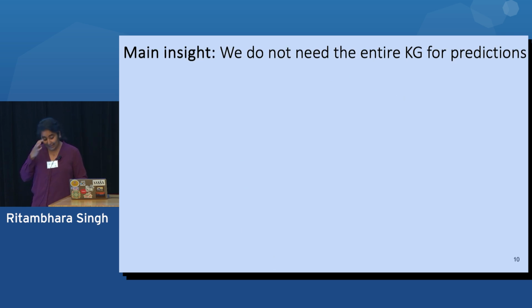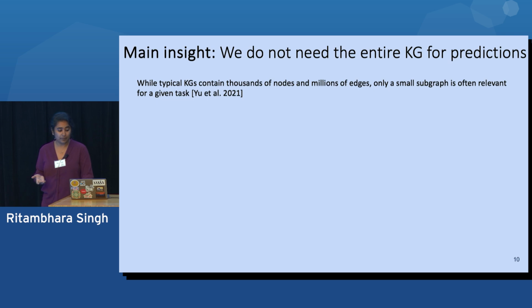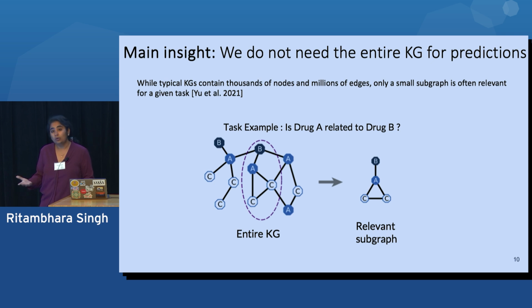Well, the insight that we had came from a recent paper in 2021, which basically talked about the idea that while knowledge graphs can contain thousands of nodes and millions of edges, you only need a small subgraph to make predictions for the relevant task that you have. So for example, if the task is whether drug A is related to drug B, we don't have to look at the entire knowledge graph. We only need to look at the most relevant subgraph that would give us the answer to the task that we are dealing with.